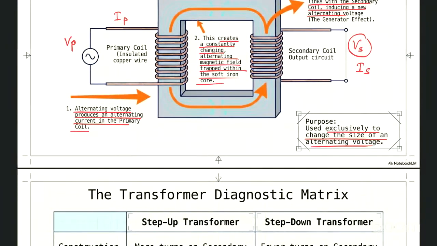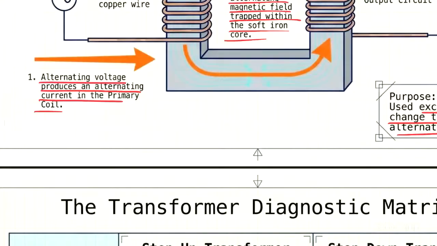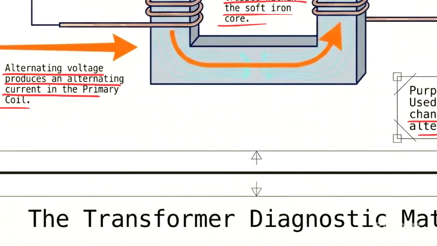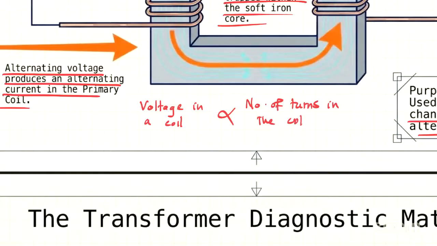When it comes to these transformers, I might have mentioned that the voltage in a coil, whether it is the primary coil or the secondary coil, is directly proportional to the number of turns in the coil.